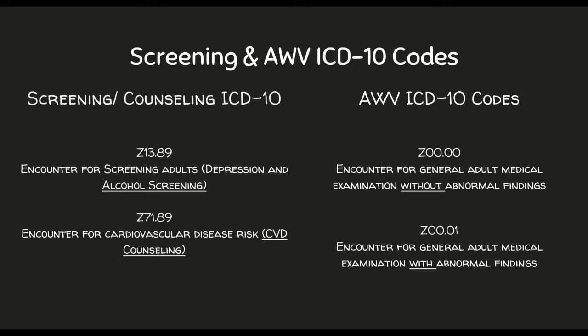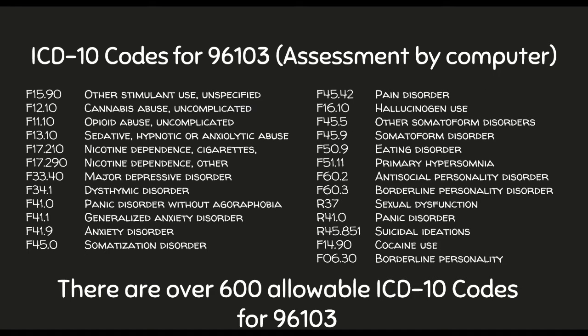For the screenings, the Z13.89 will be utilized. That'll be for the G0444 and G0442. The annual wellness visit codes will get a Z00.00 or Z00.01, depending on whether or not any abnormalities were discovered in that visit. For 96103, there are over 600 allowable ICD-10 codes.